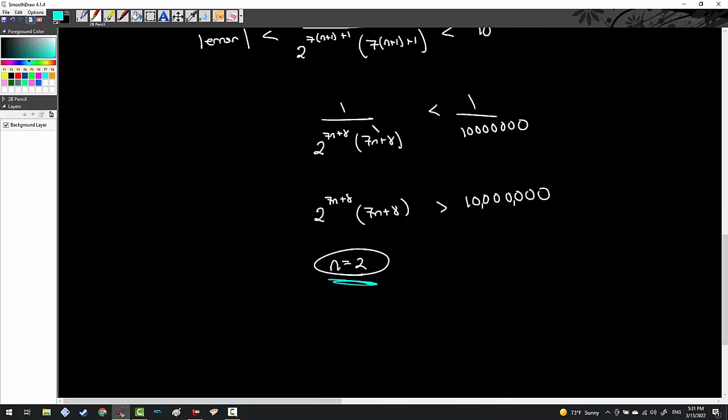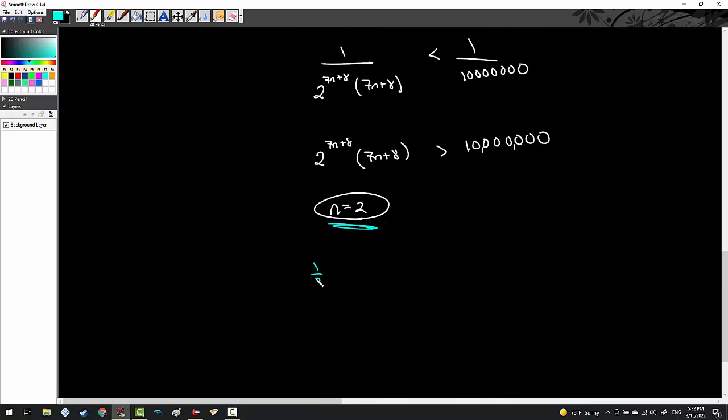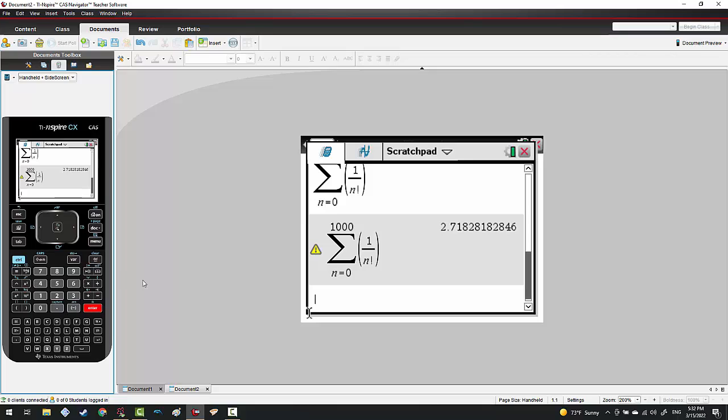So that is going to be 1/2 minus 1 over 2 to the 8th times 8 plus 1 over 2 to the 15th times 15. Now, if we put that into the calculator, let's go and find out what that is.